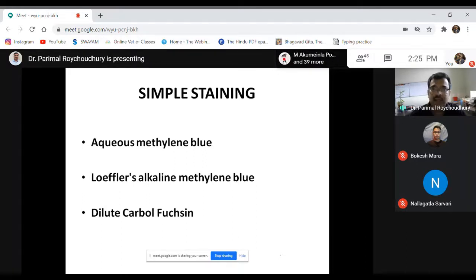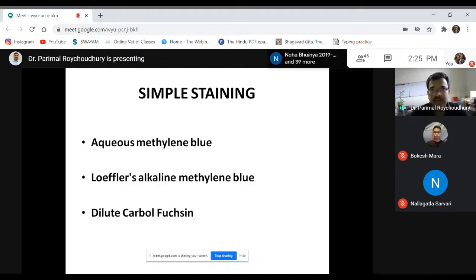Whatever color you apply, the bacteria will take that color. If you use methylene blue, the bacteria will take blue color. If you use carbolfuchsin, they will take the red color. If you use safranin, they will take the orange-red color.